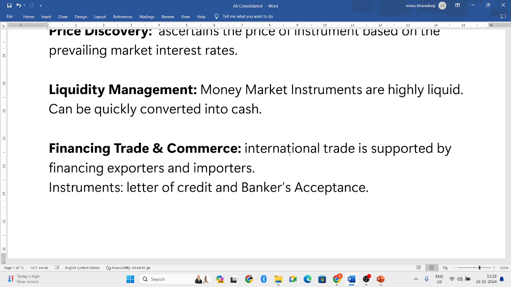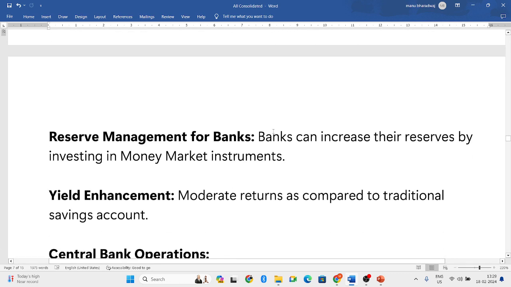The bank will give an assurance that the money will be paid. This will help the exporter, who is ready to export the goods, because he will have assurance that he will receive the money. So this will enhance trade between countries. It will finance the trade and commerce sector also. So the money market plays a very crucial role in exports and imports.